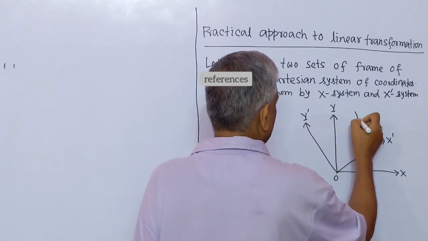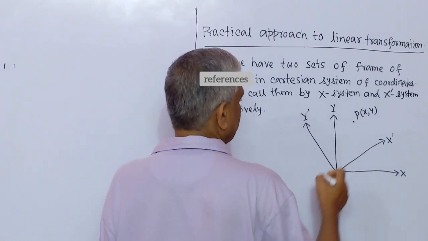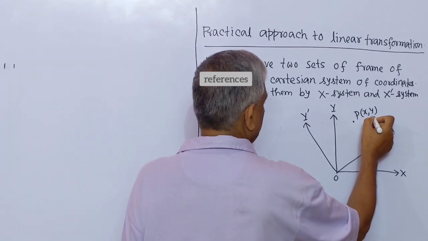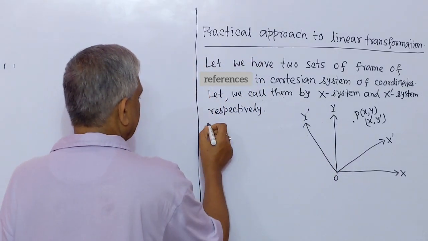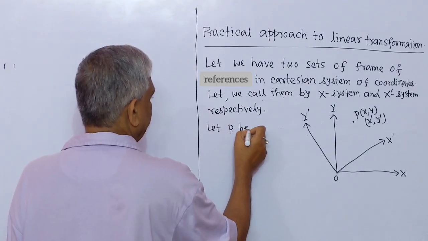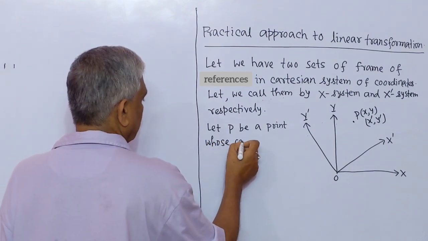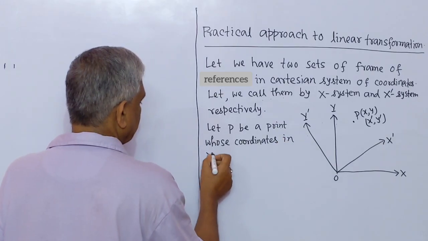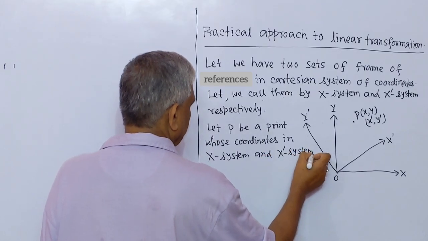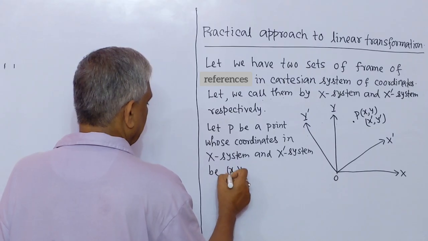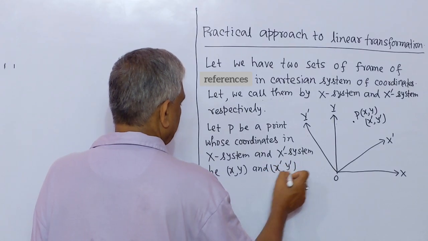Let P be a point having coordinates x, y in X system and coordinates x prime, y prime in X prime system, respectively.